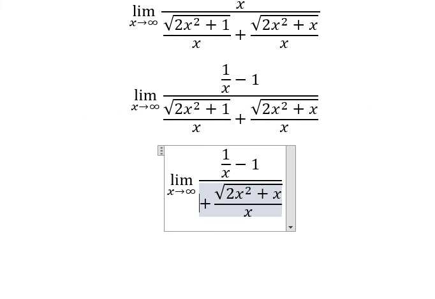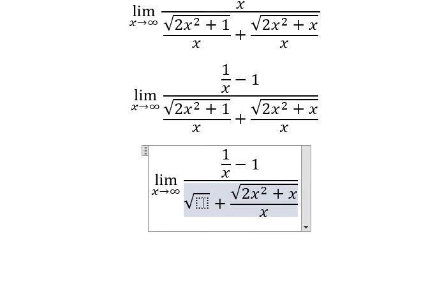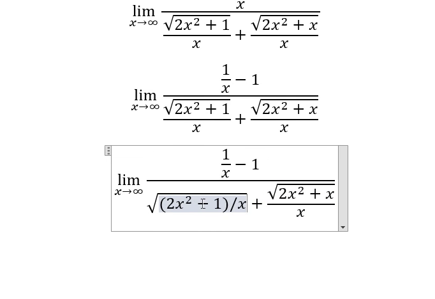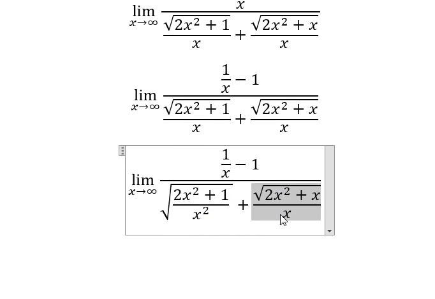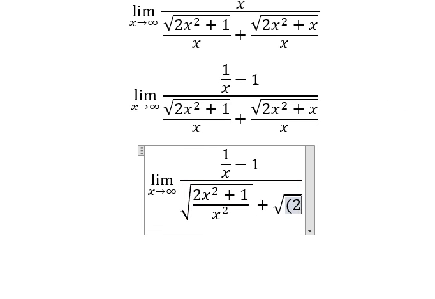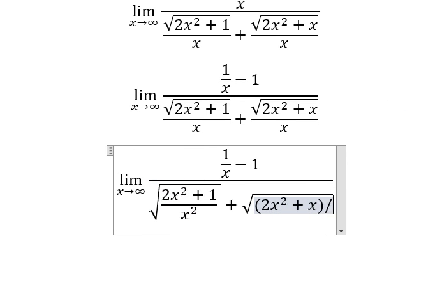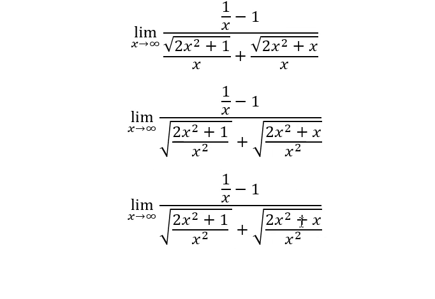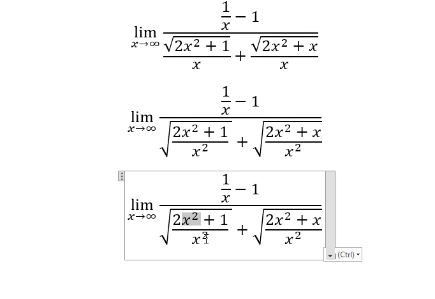So that should be like this. So x squared divided by x squared, number 1, divided by x squared, similar for this one in here.